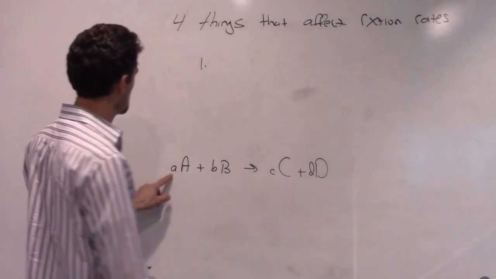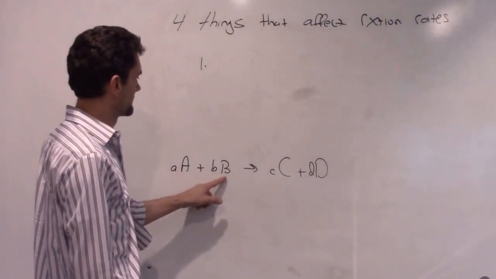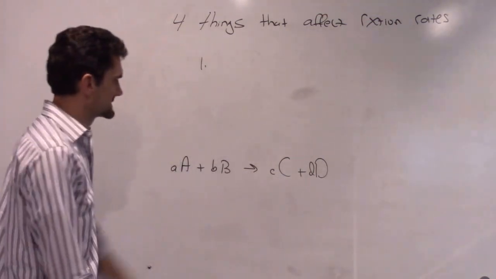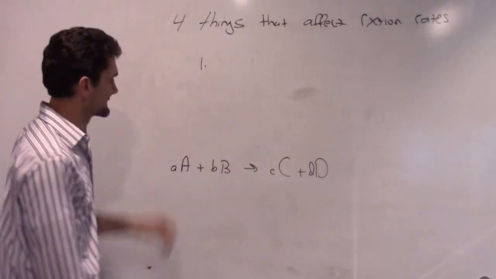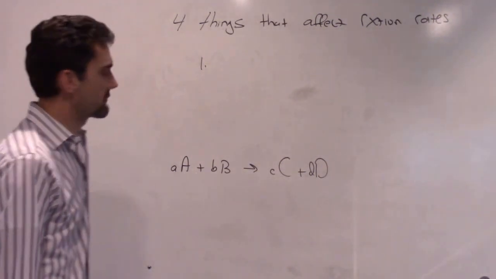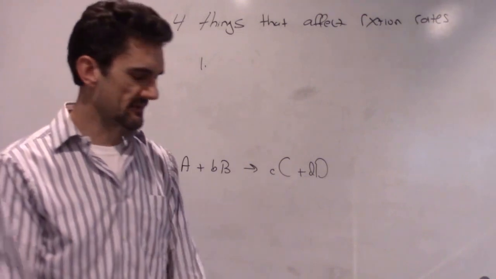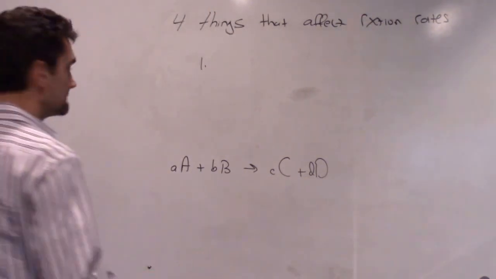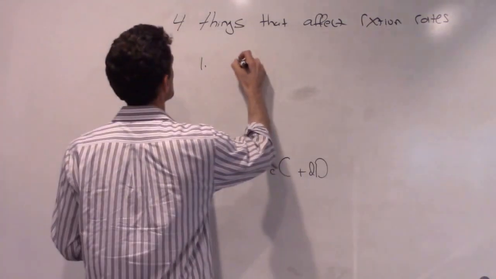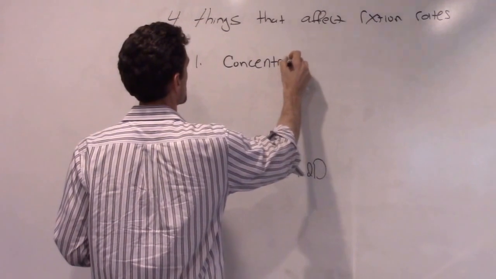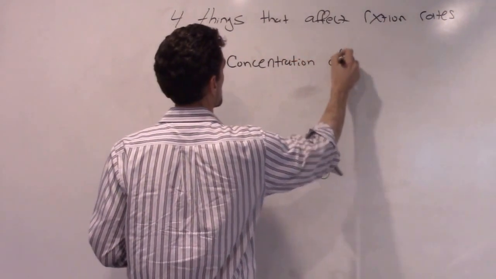So I got so many moles of A, so many moles of B, so many moles of C, and so many moles of D. Here's my product. Here's my reactants. What would affect the amount of product formed, do you think? Just brainstorm. A and B, yeah. The amount of reactants. So the concentration of reactants.